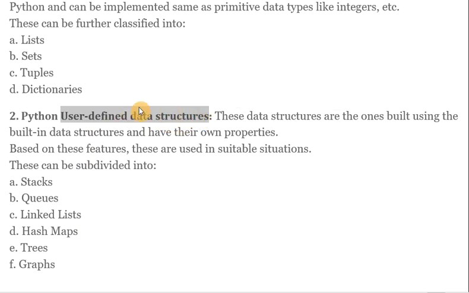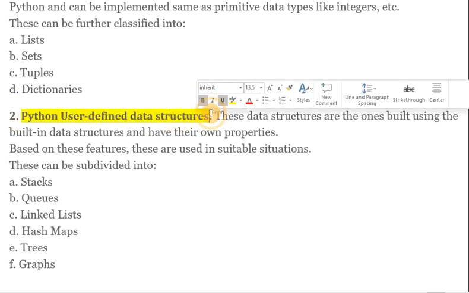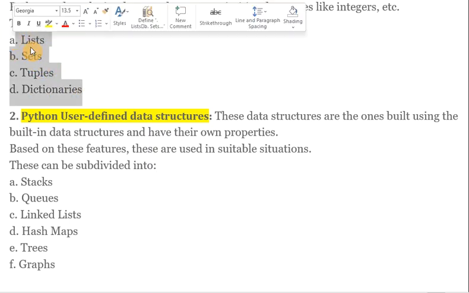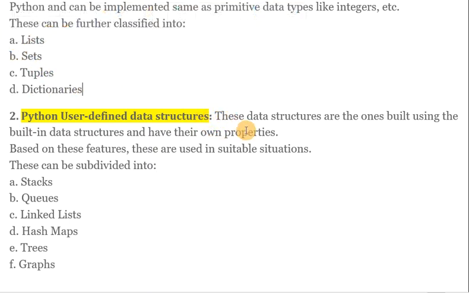Here in this line you can see another classification of Python data structures, which is nothing but the user-defined data structures. These are defined by the users by making use of the existing built-in data structures. These data structures are built using the built-in data structures and have their own properties.